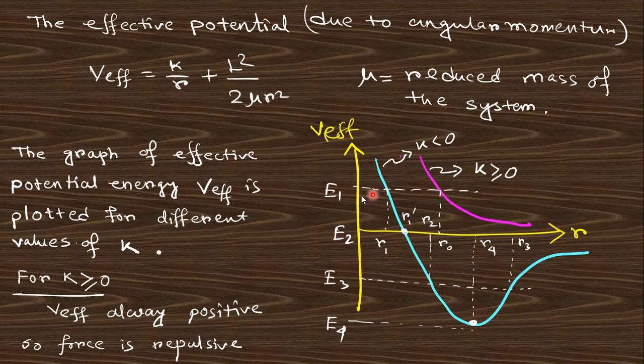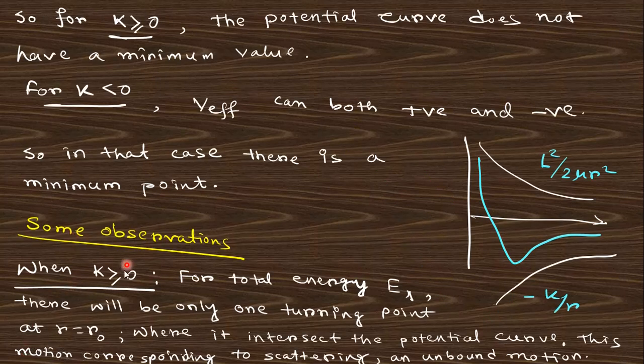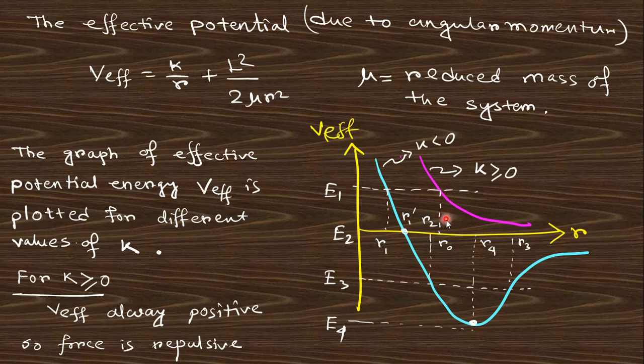So at a certain total energy E, there will be only one turning point, r equal to r0, where the energy line intersects the curve. In that case there is no stable position; that is scattering.